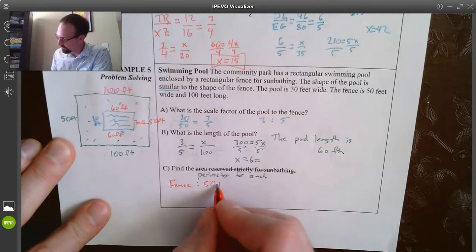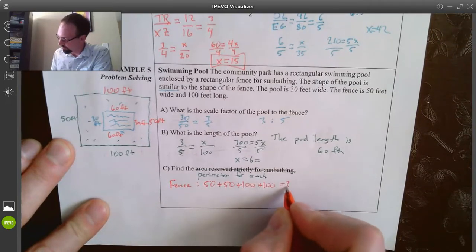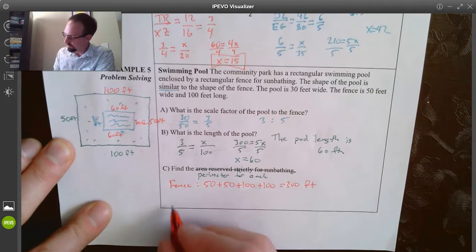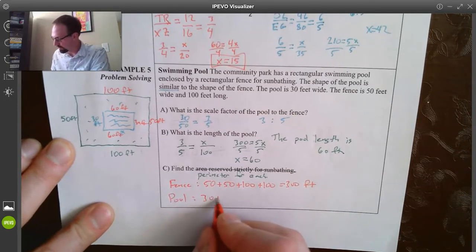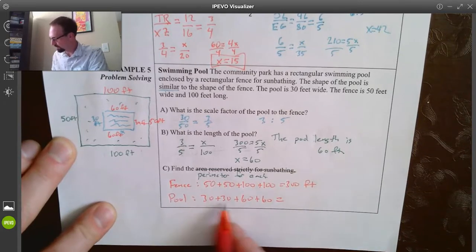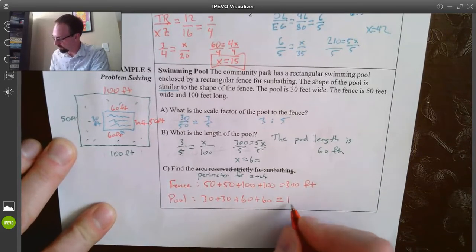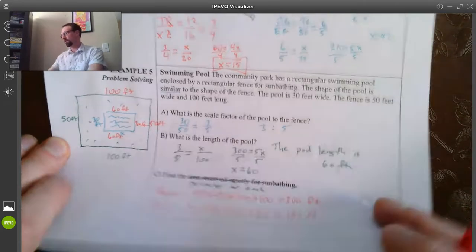That's going to be 50 plus 50 plus 100 plus 100 equals 300 feet. And then the pool is going to be 30 plus 30 plus 60 plus 60, so that's 180 feet. So that's my parts for each.